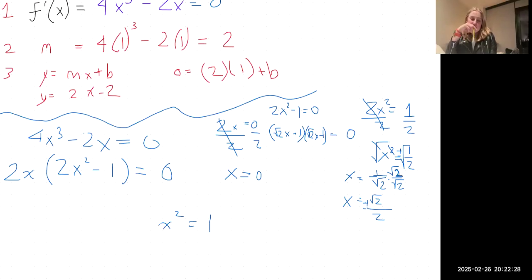If x were 1, 1 times 1 is 1. What about a negative 1? Negative 1 squared is negative 1 times negative 1, which is 1. So that means x could be equal to plus or minus 1 because it's both.